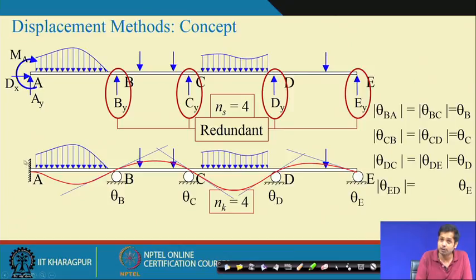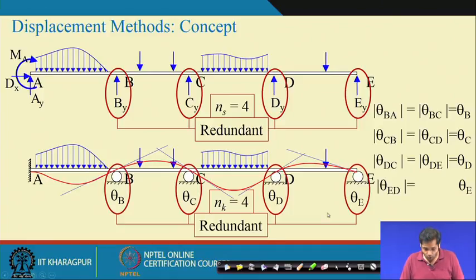There is no displacement and no rotation here. So only 4 displacements can represent the configuration of the structure: the rotation at 4 joints. Therefore, the kinematic indeterminacy is 4. Now, in the force method we take By, Cy, Dy, Ey as the redundant forces.